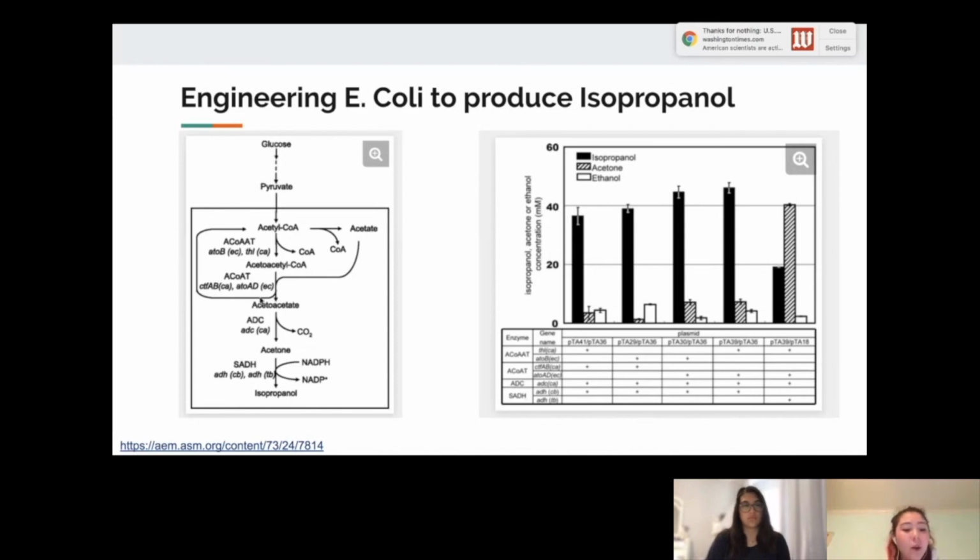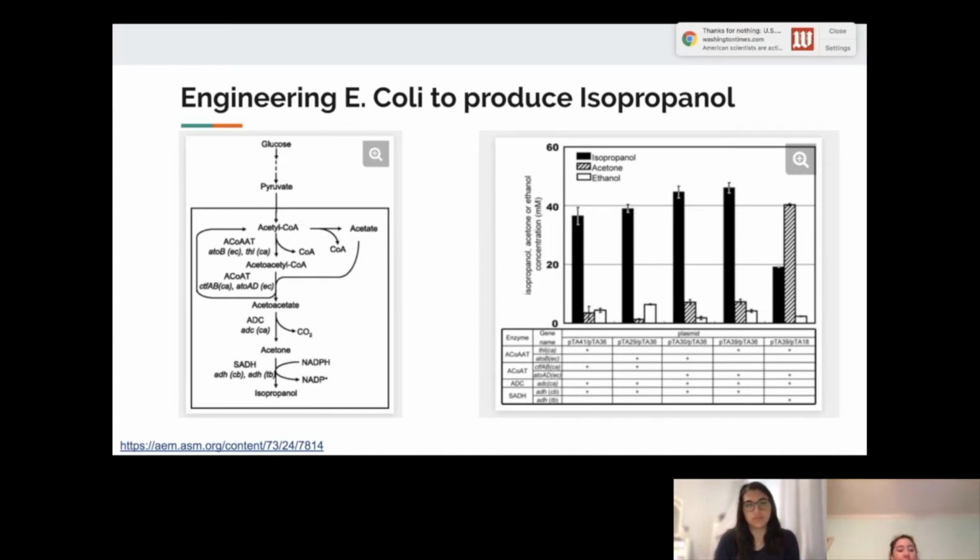After this, the next step has no choice. There's no naturally occurring pathway in E. coli that can produce the change from acetoacetate to acetone. So in this case, we're always going to be inserting ADC, which is from Clostridium A, into the genome to produce acetone.